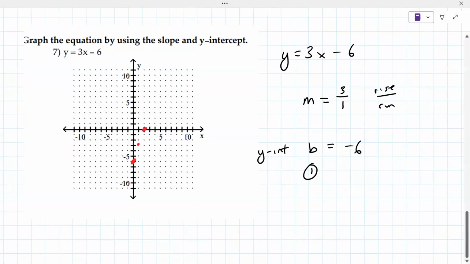Remember, you don't count that initial one. So it would form a line. I don't know how many points you would graph, but you've got to graph some. It might be worth having a ruler or some sort of a straight edge on there.